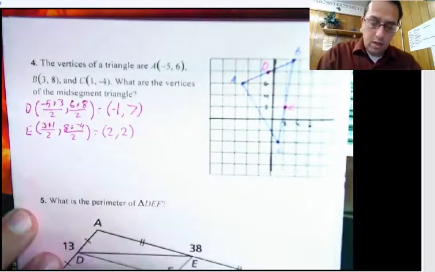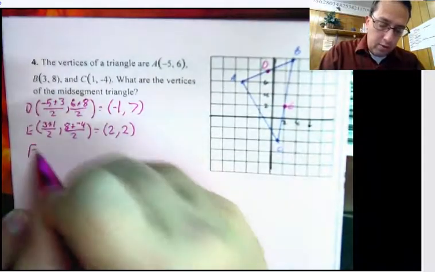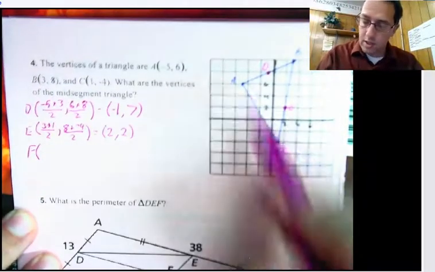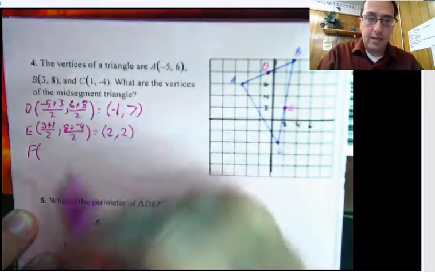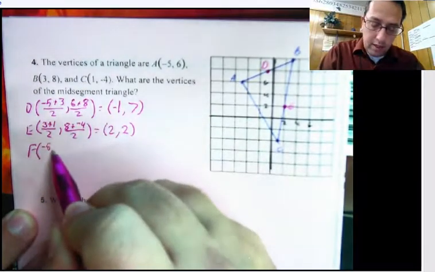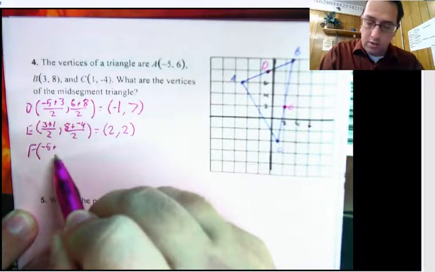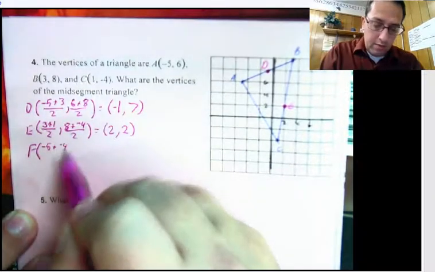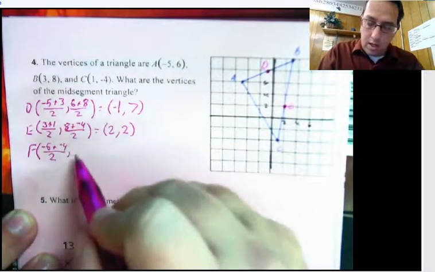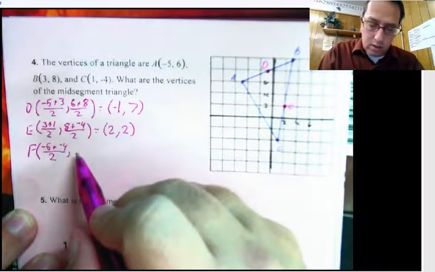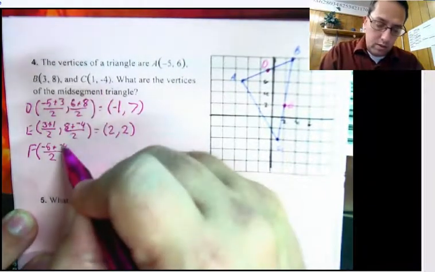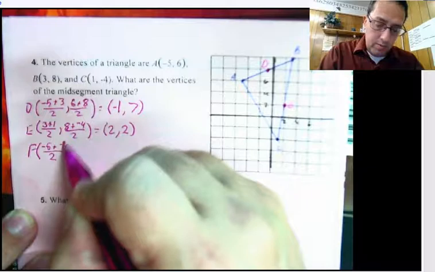And now let's find point, we'll call it F, because it doesn't say what to call it. And this would be the midpoint of AC. So x1 from A is -5 plus x2 from C, which is... oh, wait. C, no, I messed up there. X is 1, so this is going to be plus 1.